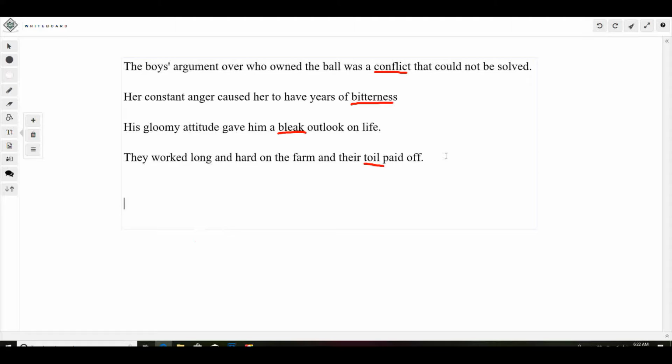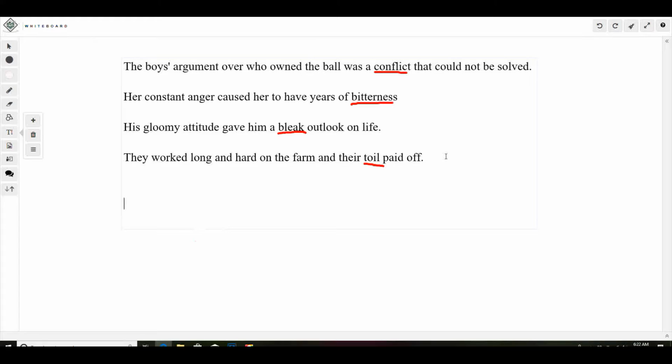We've also talked about the primary accent. Remember when you say a word and you say it in syllables, always one of those syllables is a little bit louder than the other. We put a little bit more emphasis on one of those syllables.